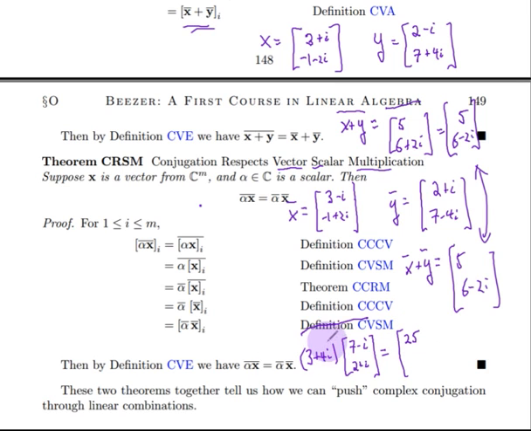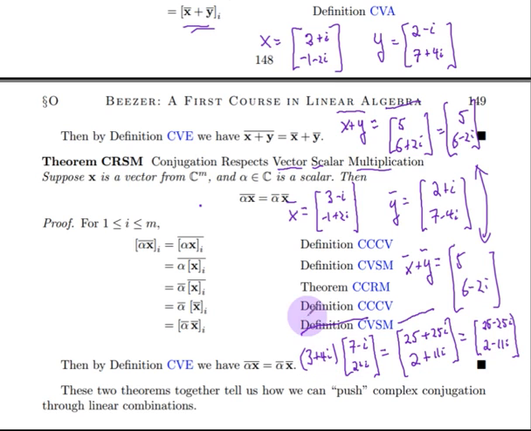The imaginary part is going to be 28 minus 3, so that's plus 25i. Then on the bottom, the real part's going to be 6 minus 4, or 2. The imaginary part's going to be 8i plus 3i, so that's plus 11i. And if I take the complex conjugate of that, I will get 25 minus 25i and 2 minus 11i.